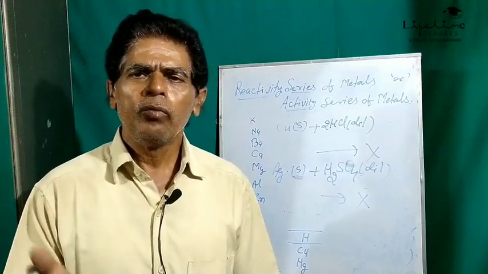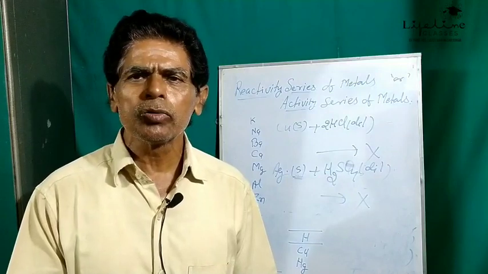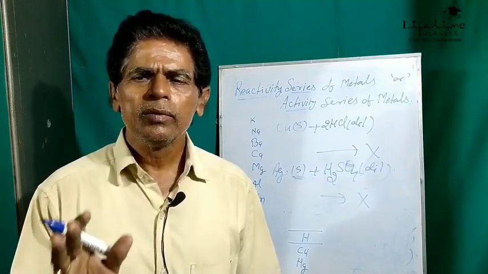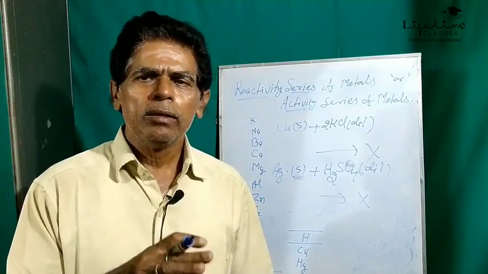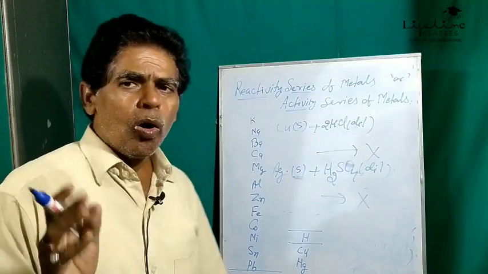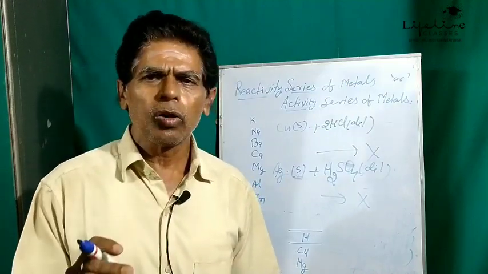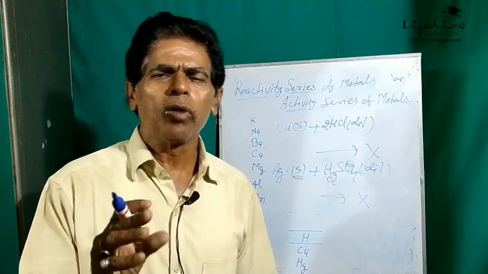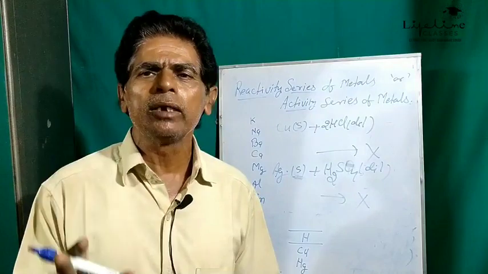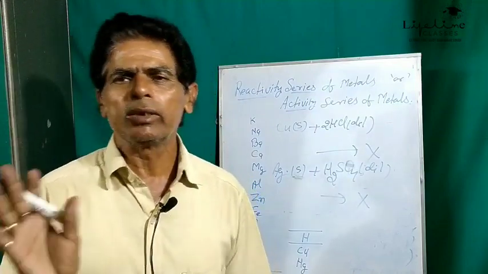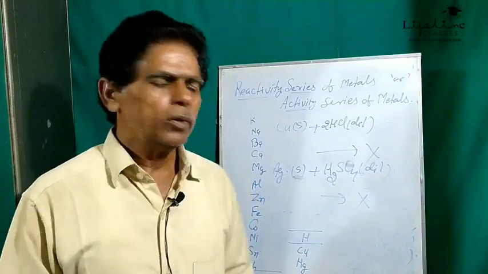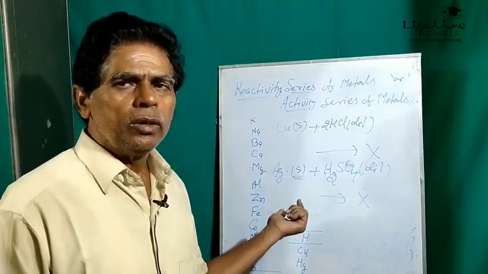In the same way, when silver is added to copper sulfate solution, copper is not displaced. Similarly, when gold is added to silver nitrate solution, silver is not displaced. But when copper is added to silver nitrate solution, silver will be displaced. So these are the various properties of the metal reactivity series.